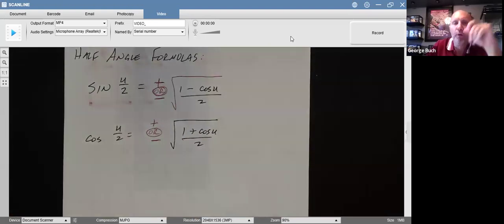So in both of these, it's plus or minus. It's one or the other, not both. So if on an exam, you give me an answer of plus or minus square root of whatever, 2/3 or something, whatever the number turns out to be, it's wrong.